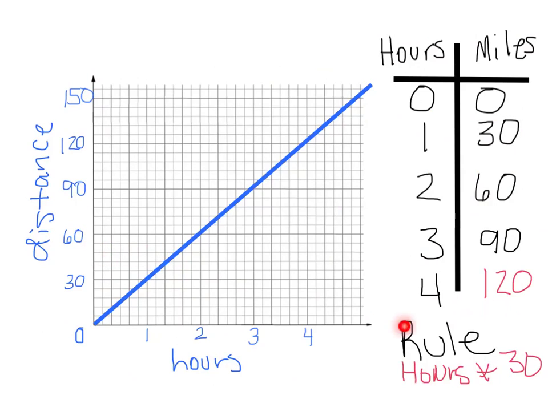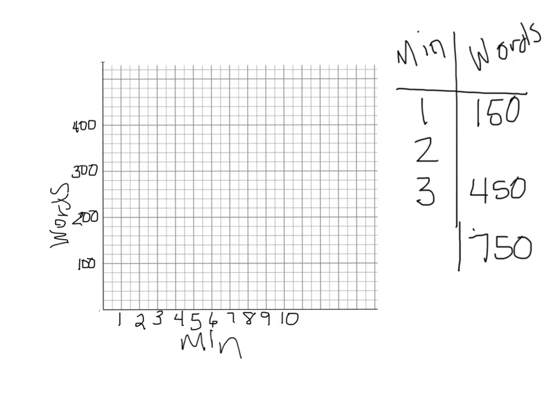And then I can check that with my rule too. Does 1.5 times 30 equal 45? Sure does. Here's another example. Let's say that a 5th grader can read about 150 words in 1 minute. We can represent this in a table.